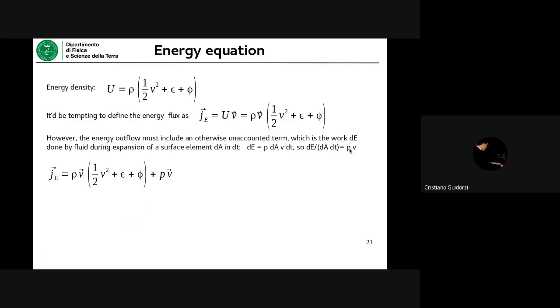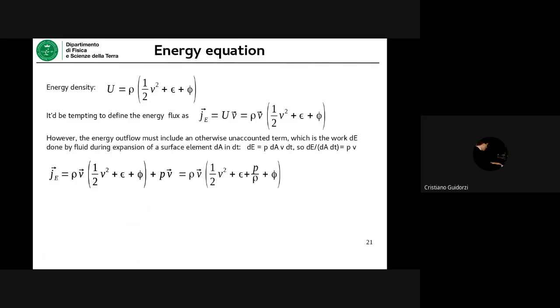So in contributing to the flow of energy per unit time, per unit area, so to the energy flux, you also have to add an extra term which accounts for that. So for the fact that a fluid cannot expand for free, it has to spend work. So overall, the flux has to account for it.